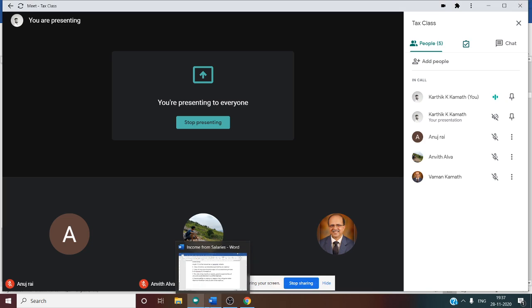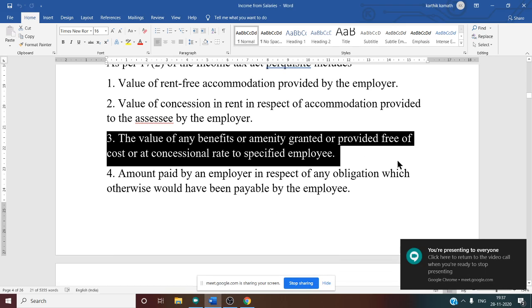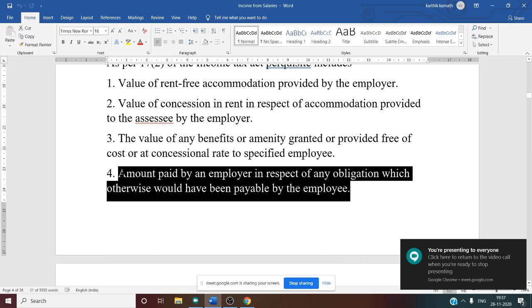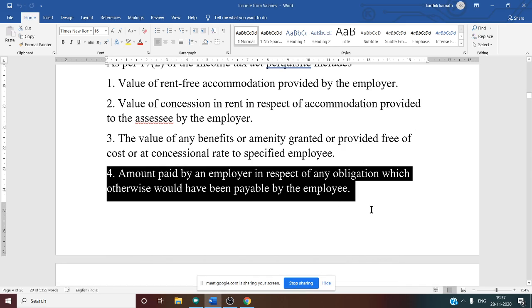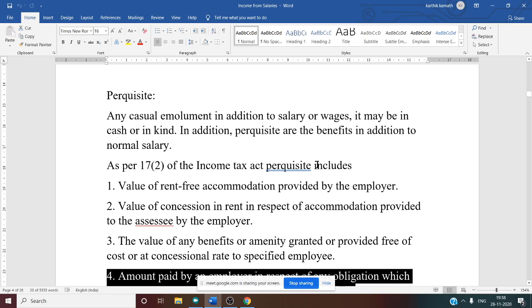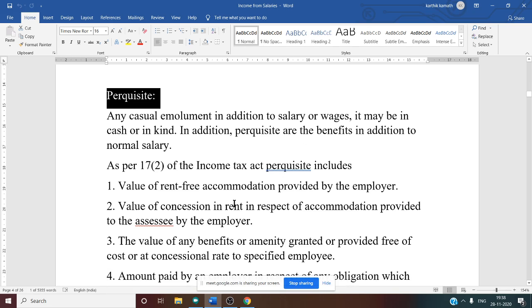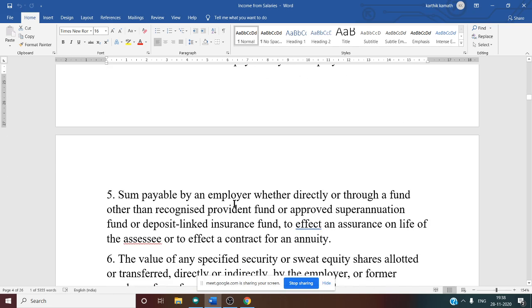Gas, electricity, water are additional benefits. Then the amount paid by an employer in respect of any obligation which otherwise would have been payable by the employee. That means if the employer pays a certain amount instead of the employee, we can consider this under perquisite. That is point number 4.